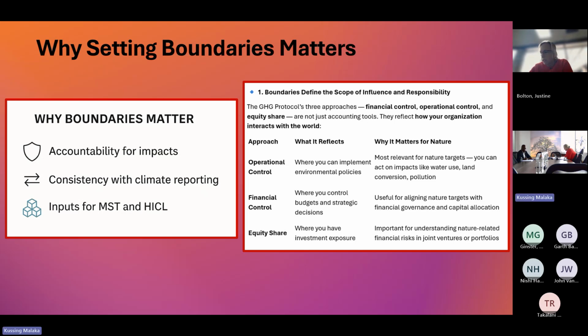Again, setting the boundaries defines the scope for action: which activities are in scope for nature target setting, which impacts are attributable to the organization, and which data must be collected for validation and reporting. Bearing in mind that in the second part of this presentation, Thomas is going to speak to materiality, so we're almost a step before that.